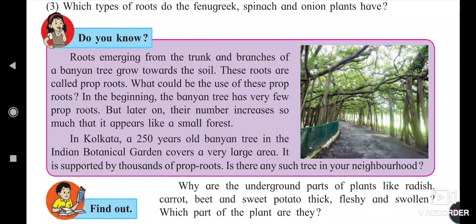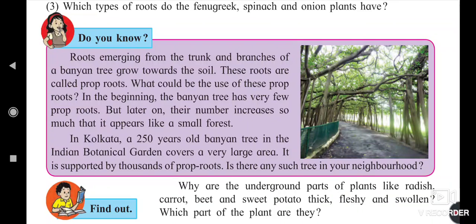In the beginning, the banyan tree has very few prop roots, but later their number increases so much that it appears almost like a forest. In Kolkata, a 250-year-old banyan tree in the Indian Botanical Garden covers a very large area. It is supported by thousands of prop roots.